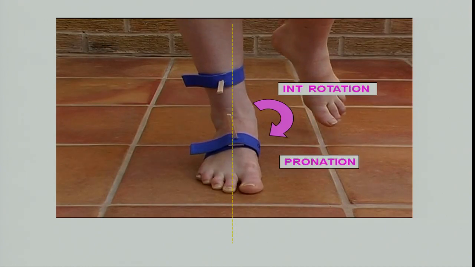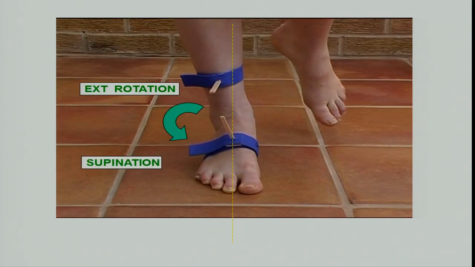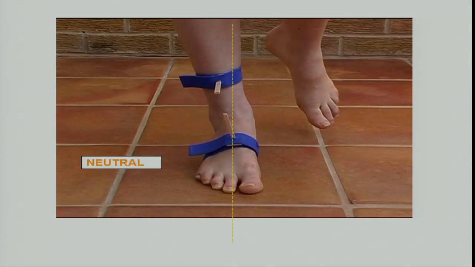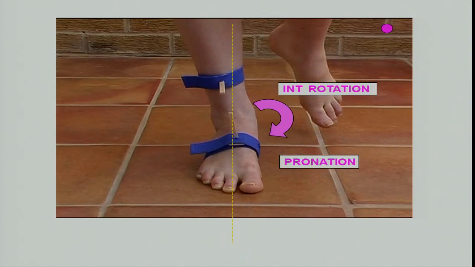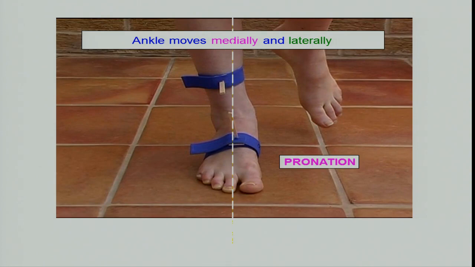And then we go into pronation and internal rotation. And we're back to neutral. External rotation and supination. Internal rotation of the tibia and pronation of the midfoot. And we've demonstrated that the ankle moves medially and laterally with these movements.